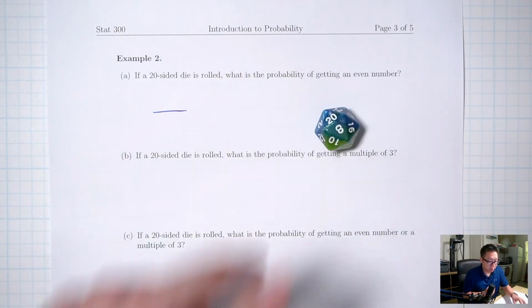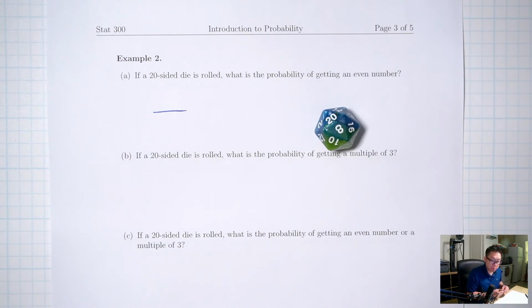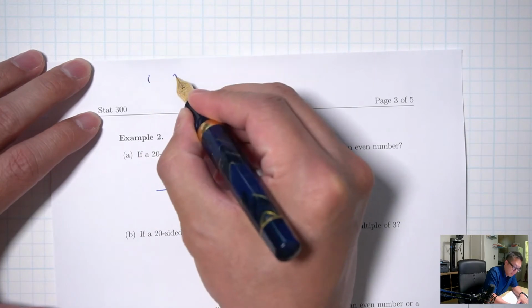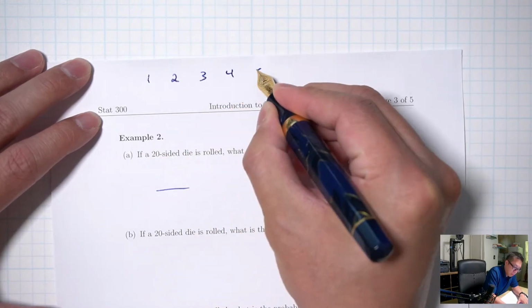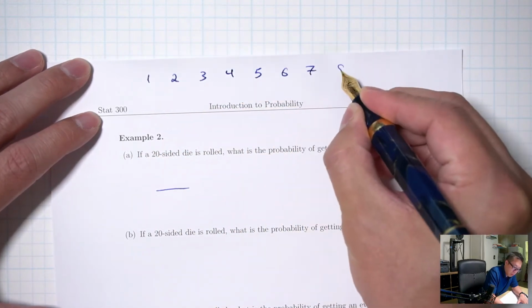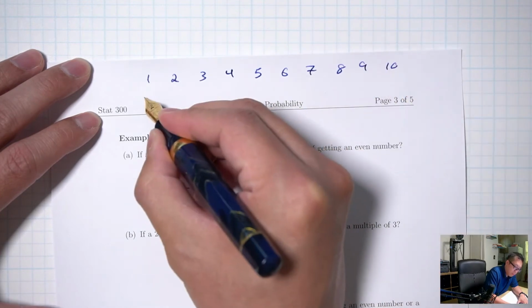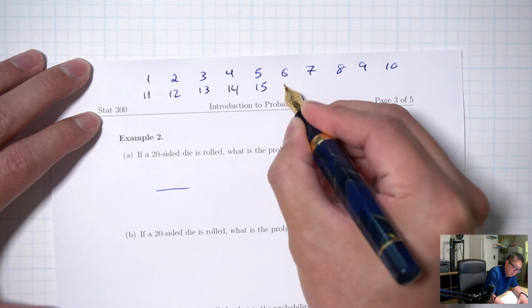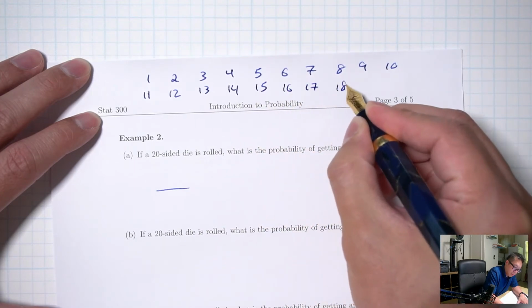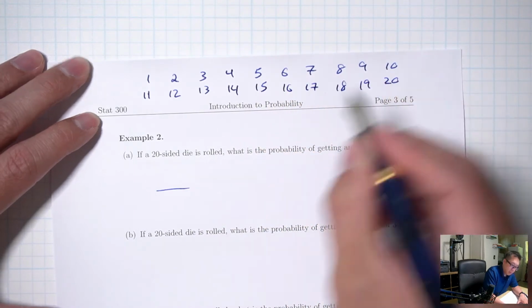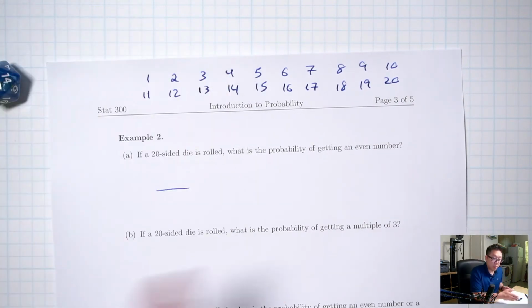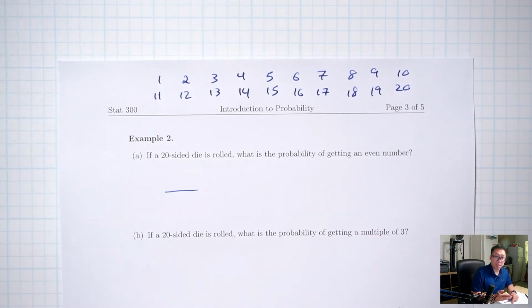It's a 20-sided die, so you could get a 1, a 2, a 3, a 4, all the way up to 20. So 20 things could happen.